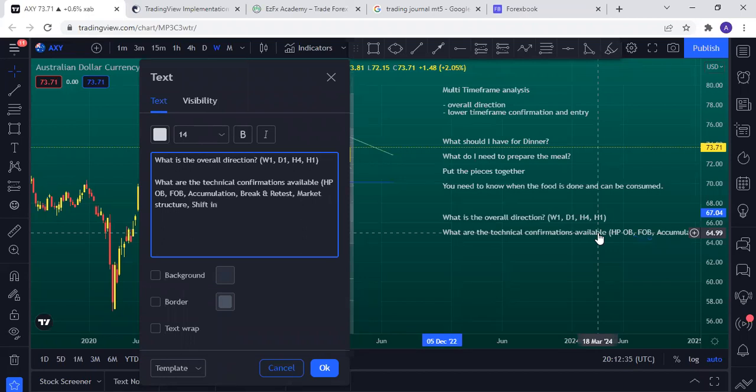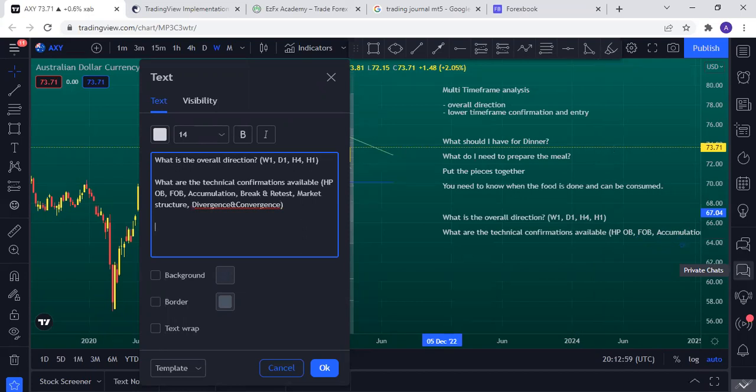Some people trade like that, shift in volumes and momentum, which we can also call divergence, convergence. So you decide what are the technical factors that would come together to give me this.